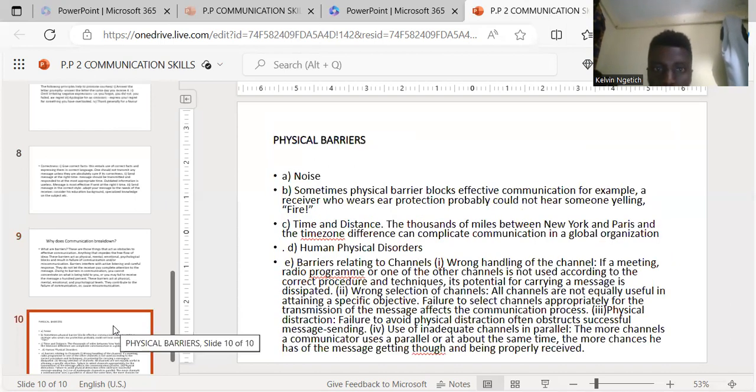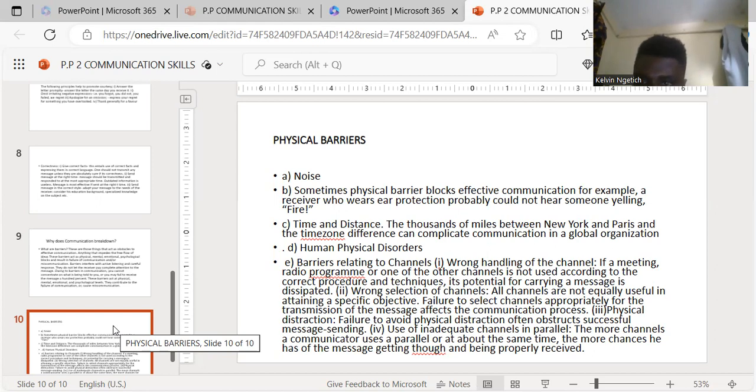Lastly, before we end our video, we look at the physical barriers. These are noise and other physical blocks to effective communication. For example, a receiver who wears hearing protection probably could not hear someone yelling "fire". We also have time and distance.